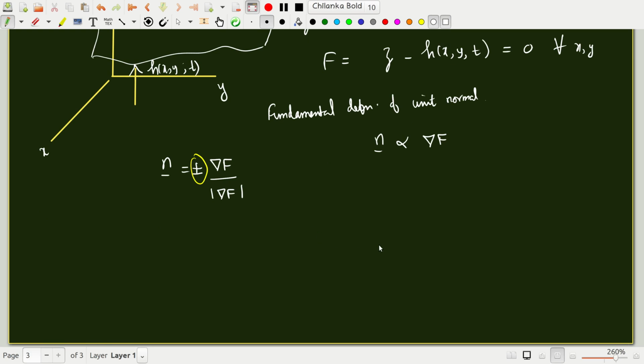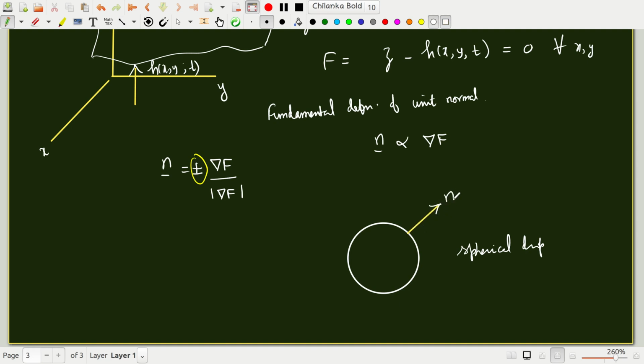Okay, in some cases, for example, suppose I have a drop. Now this is a spherical drop of oil or water or whatever. For this the unit outward normal is defined.